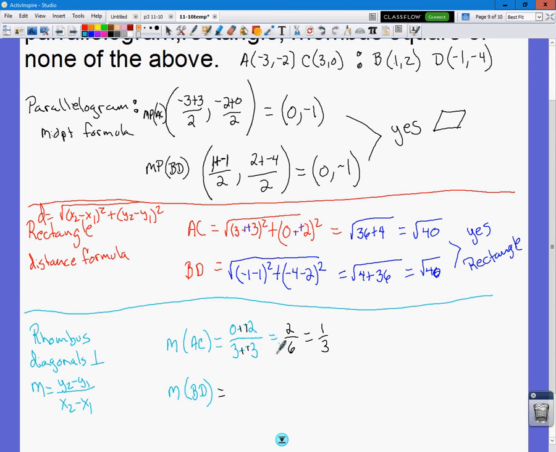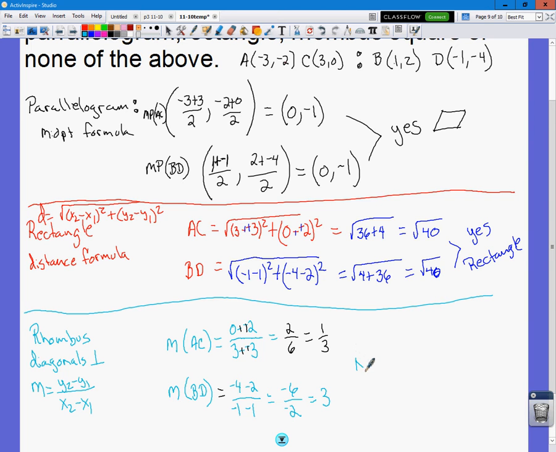y2 minus y1. Negative 4 minus 2 over x2 minus x1. Negative 1 minus 1. Negative 4 minus 2 is a negative 6. Negative 1 minus 1 more is a negative 2. But a negative divided by a negative makes a positive. Are these perpendicular?